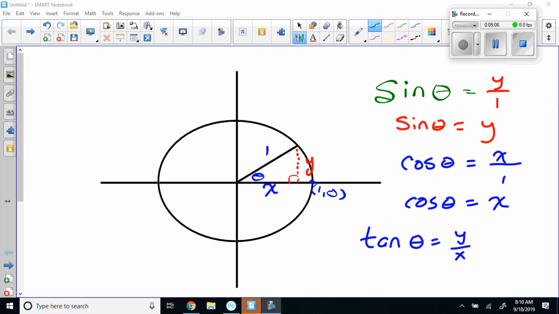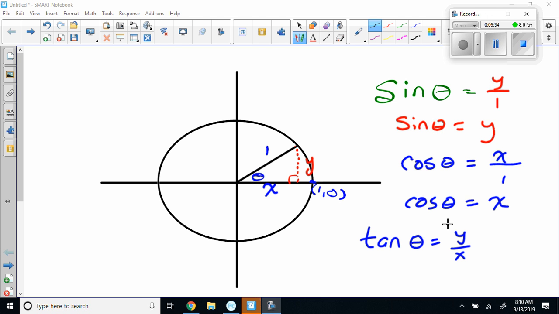Ladies and gentlemen, what does y and x refer to? No. Look back at this. What does the y and the x refer back to? It's right there in front of me. Come on.